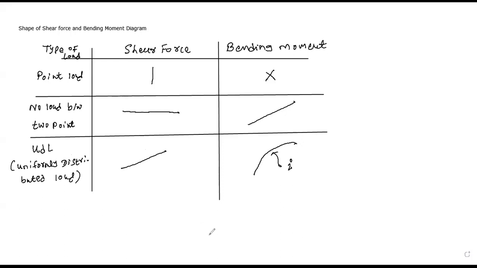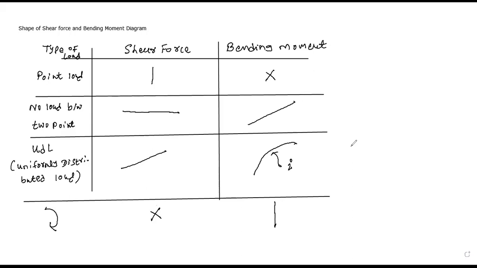And if there is a moment at any particular point, in that case, there is no shear force. Bending moment diagram will be a straight vertical line. Is it clear? Remember this.